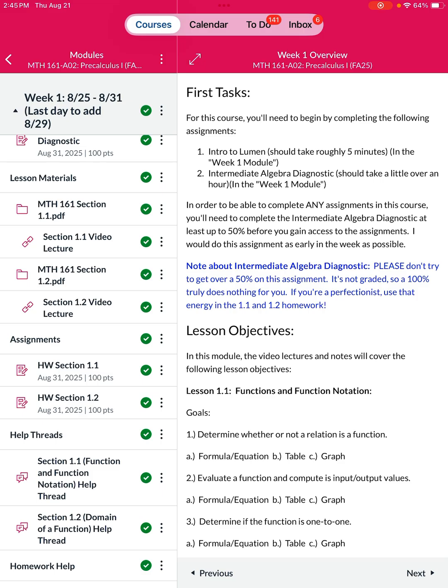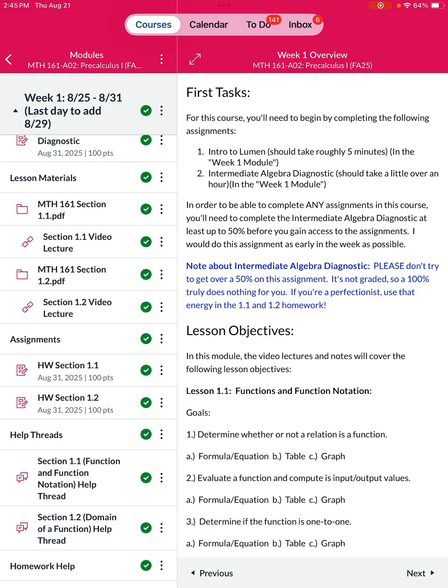Again, they're due August 31st. You need to get one of them up to 50%. And then if you need to use late passes, that would extend them by another week. I cannot cap the assignments at a certain point in time.